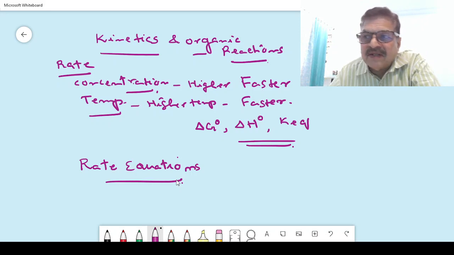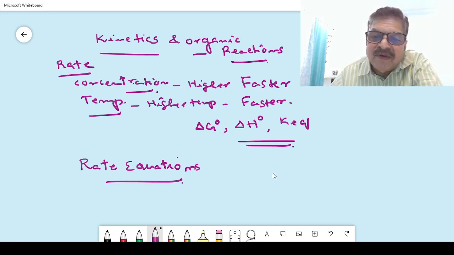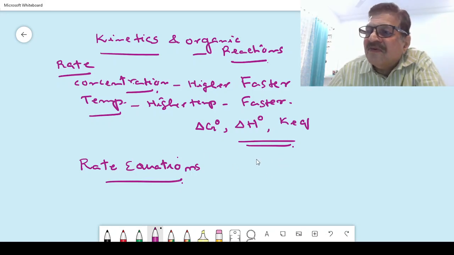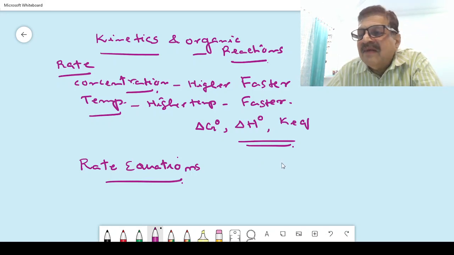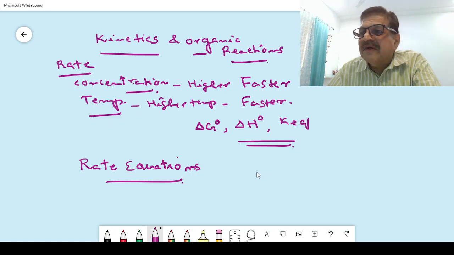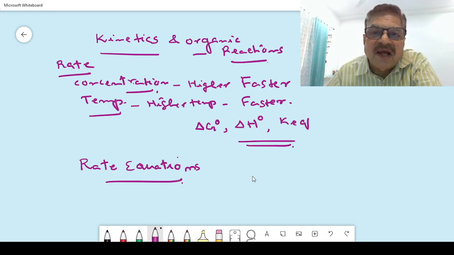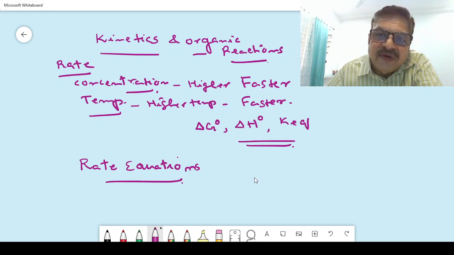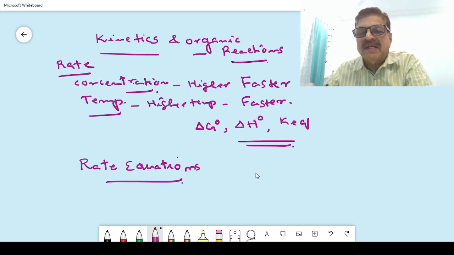Now actually we will be measuring the change in the concentration of the starting materials. Usually it is expressed as a change in the concentration of the starting materials per unit time, in a second or in a minute or whatever it is.